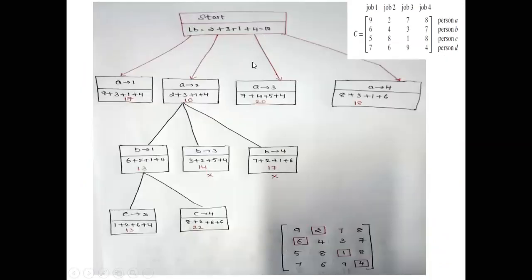You can start, you can write an initial starting node. So your LB represents what? LB represents a lower bound. If you get confused with these totals, what you can do, just write the individual cost of individual persons, as I already showed here. Just a second.